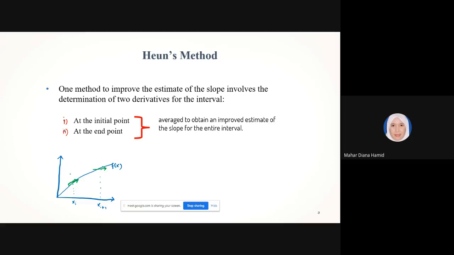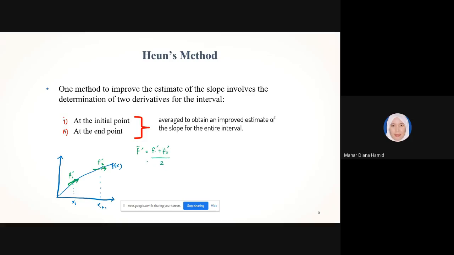So for example, this is f1 prime and f2 prime. Prime means it's a slope, the derivative. In order for us to find the average derivative, we put it as f prime here. It will be f1 prime plus f2 prime divided by 2.